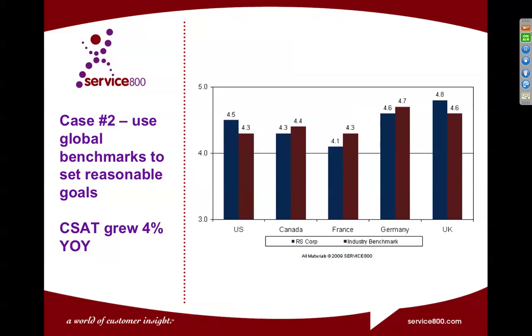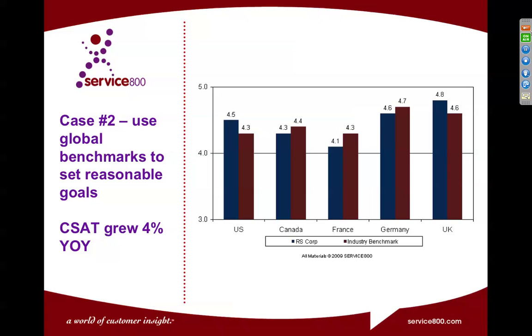Here's another example of a company that uses benchmarks to solve a global or regional problem. This particular company has been providing services in the US, Canada, France, Germany, and the UK. For 3 years, the executive management was driving an initiative to say that our customer satisfaction across all of our regions and geographies shall be 4.6.